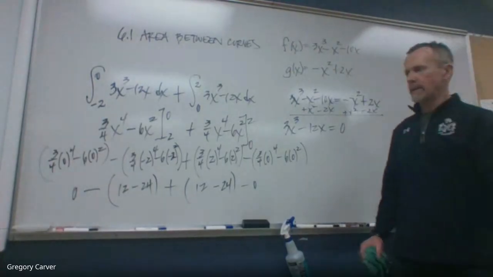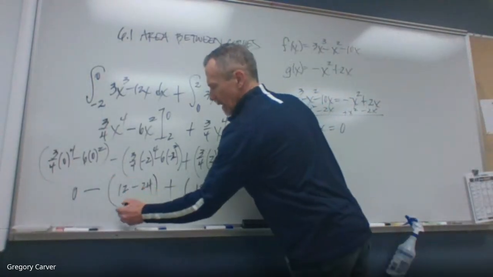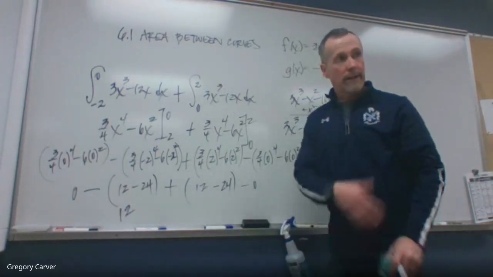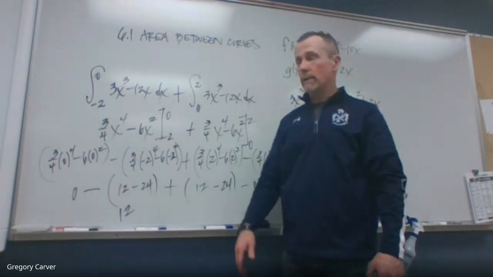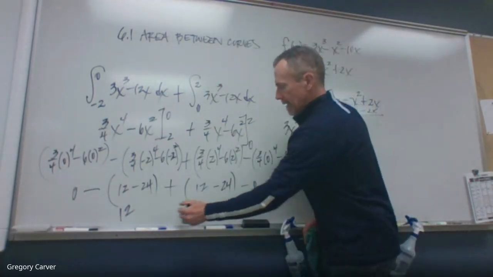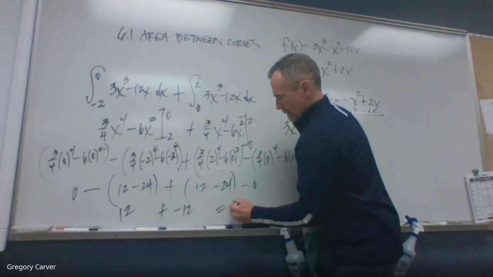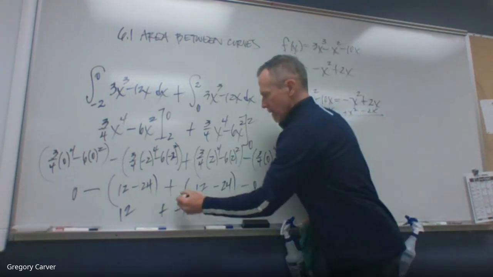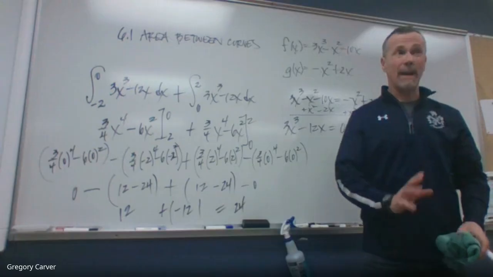So check this out. Isn't this negative 12? And all that tells me is that this was in the right order. I'm guessing this is going to be negative, and it is. Means my answer is going to be 24 because you want an absolute value.